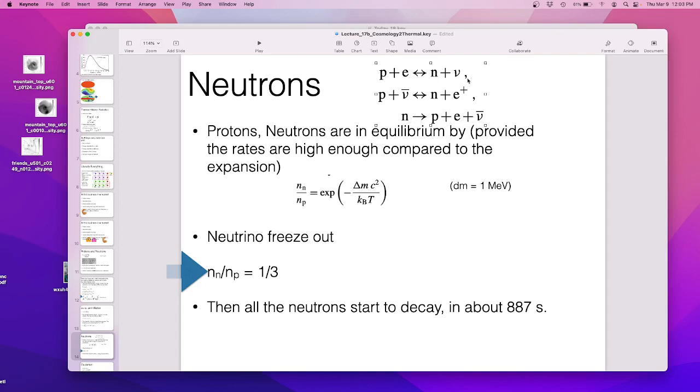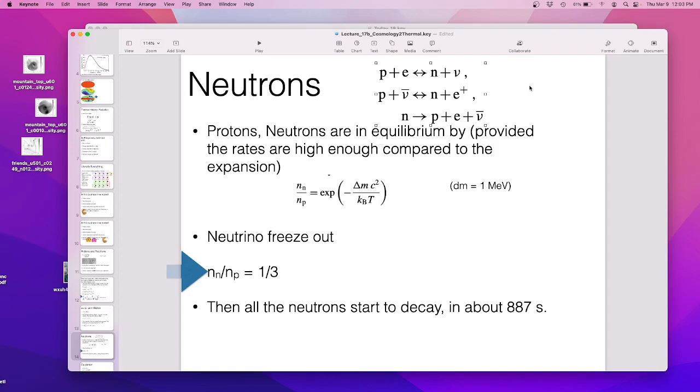So we have this kind of sea of things, and this one only goes in one way because the odds of hitting all these three things together is basically 0. But the other two processes go both ways. So for a while, they're coupled until the neutrinos freeze out. When the neutrinos freeze out, I have a harder time making my protons into neutrons again. Does that make sense?